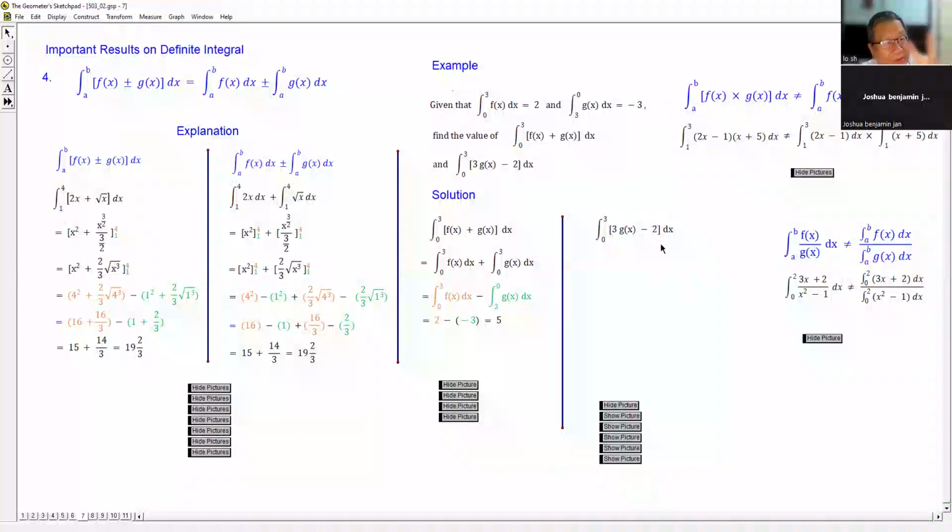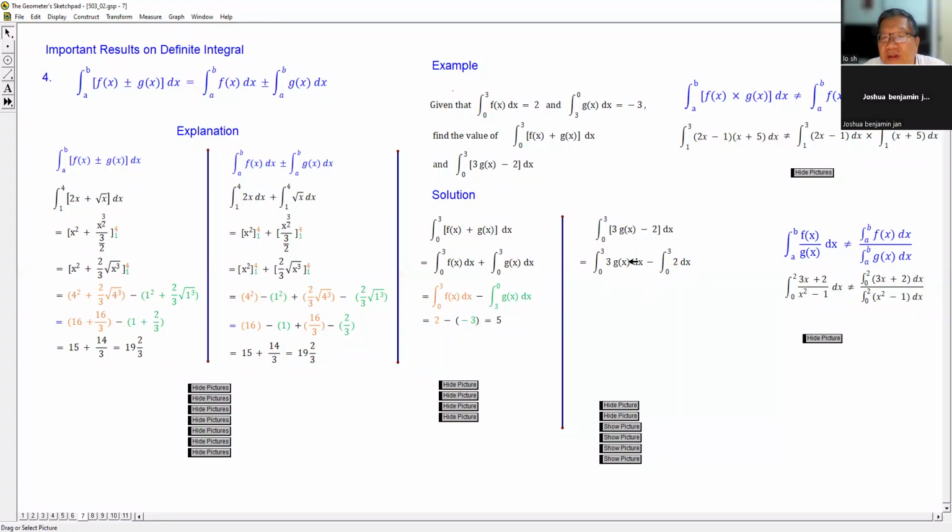So you can separate the two functions. How to separate the two functions? Like this. If it's add, then you add. If it's minus, then you minus. What are the two functions? The first function is 3g(x), and the second function is 2.